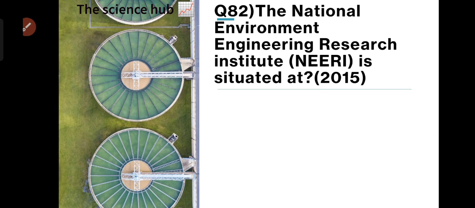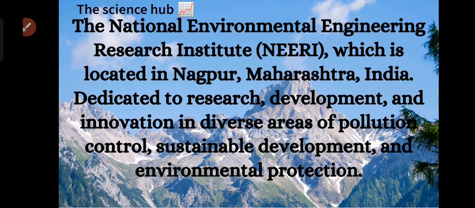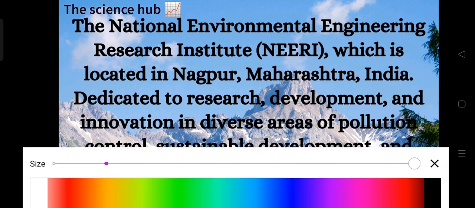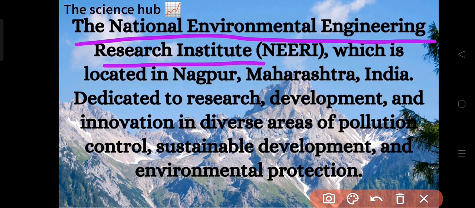Here our first option is Nainital, second one is Durgapur, third one is Simla and fourth one is Nagpur. At first let us discuss NEERI. NEERI stands for the National Environmental Engineering Research Institute, which is located in Nagpur.